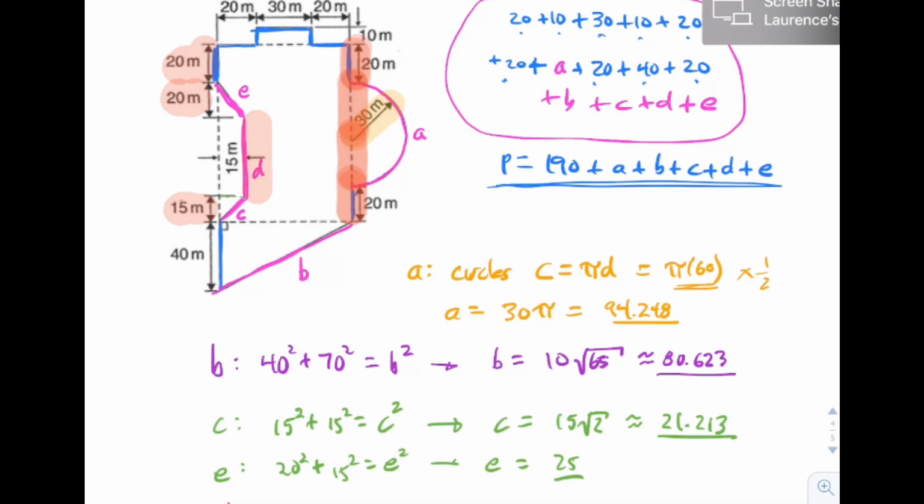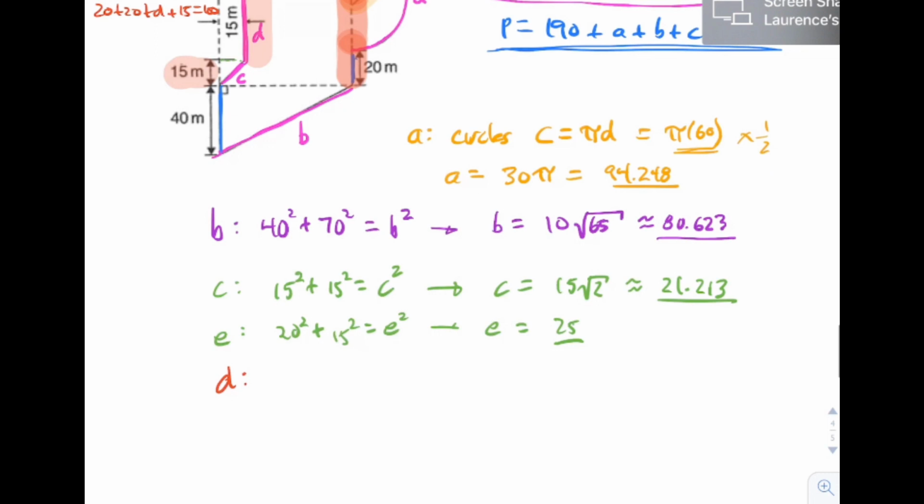So 20 plus 20 plus D plus 15 equals 100. Oh, that's a lousy place to write that. 20 plus 20 plus the D plus the 15 has to be equal to 100.